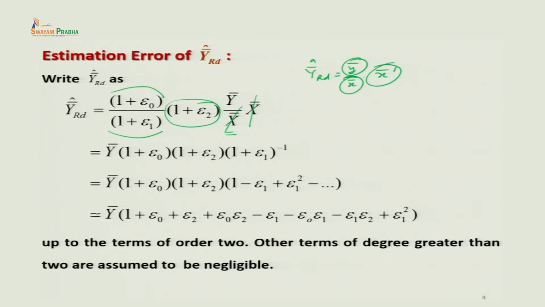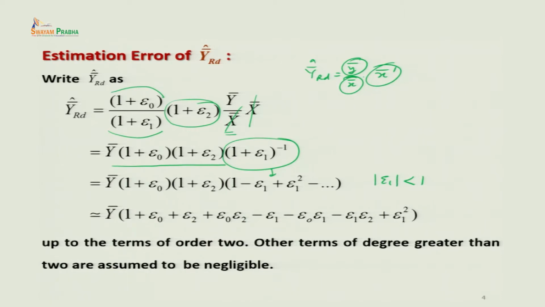This X bar gets canceled out, and we get Y bar times 1 plus epsilon 0, 1 plus epsilon 2, and here 1 plus epsilon 1 whole inverse. So, I try to expand it using the Taylor series expansion, and obviously it goes without saying that this expansion is valid only when the absolute value of epsilon 1 is smaller than 1.